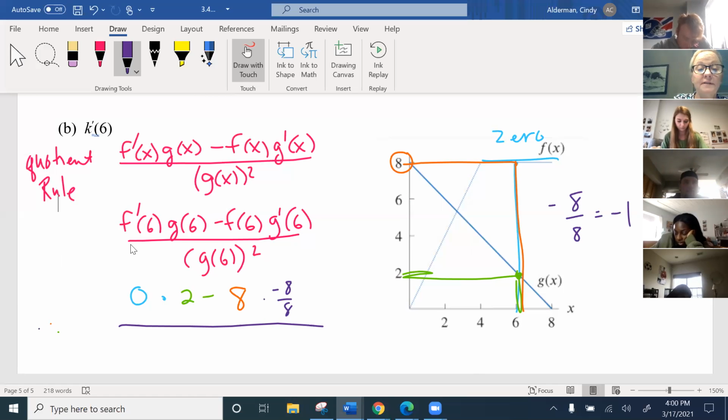And then g of 6, we already know that's 2 from up here. So this would be just 2 squared. So you simplify all this and you get 8 over 4, which is equal to 2.